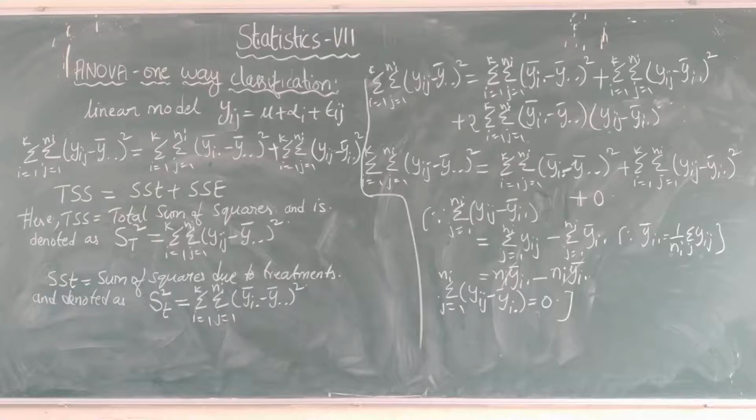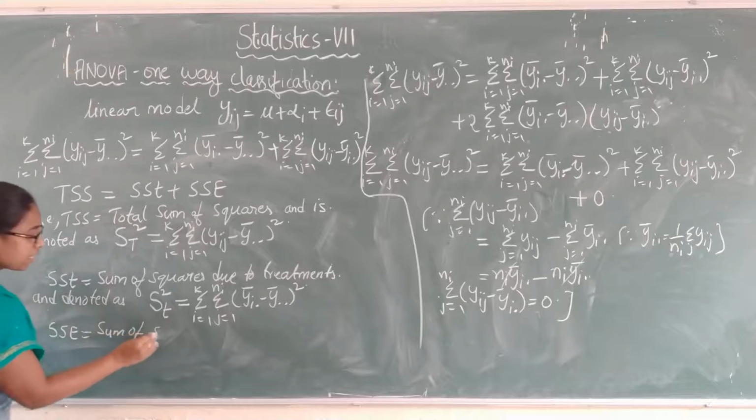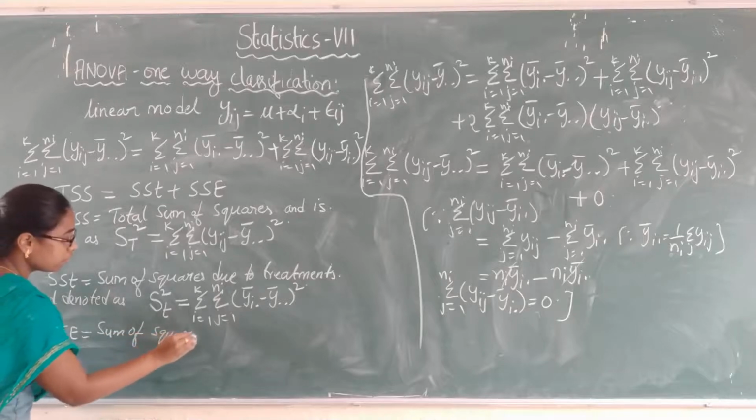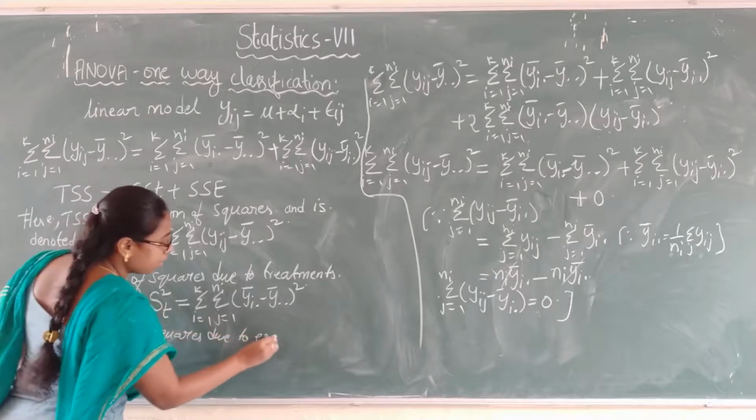Now the left out one is the last term. So this last term I am denoting as SSE. Here SSE means sum of squares due to error.